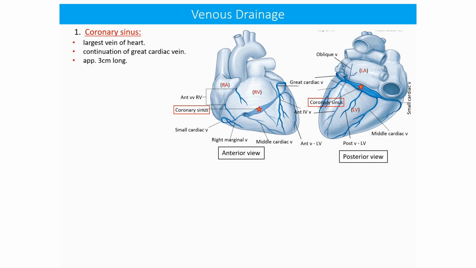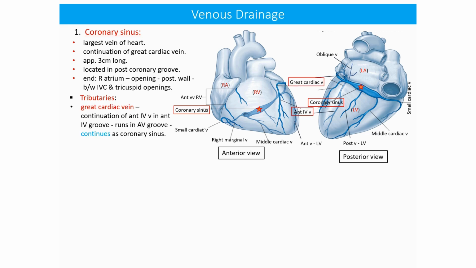It is roughly 3 centimeter long and is located in the posterior atrioventricular or coronary groove. It ends in right atrium, and the opening lies in the posterior wall between inferior vena cava and tricuspid openings.